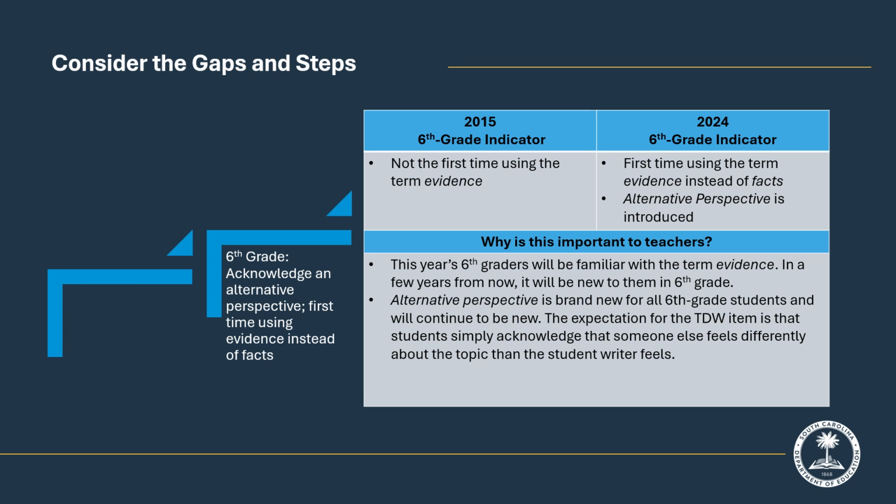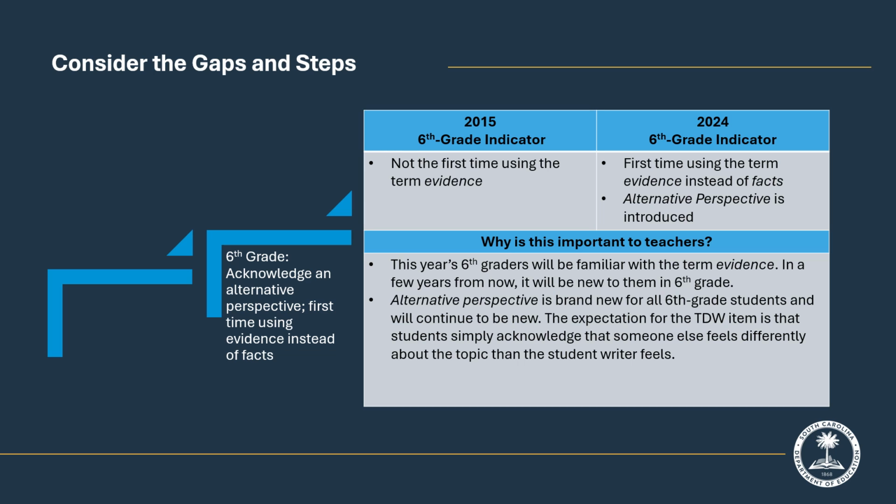The 2024 grade level indicator is the first time students in 6th grade will use the term evidence instead of facts. In the 2015 indicator, it was not the first time. Also, alternative perspective is introduced for the first time in 6th grade.